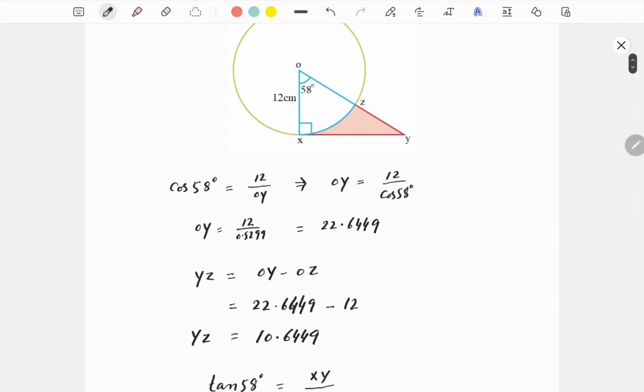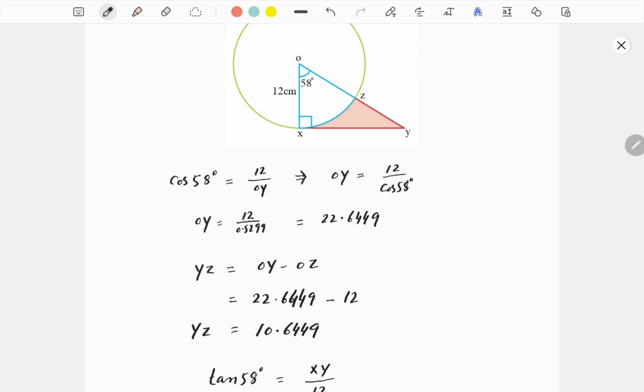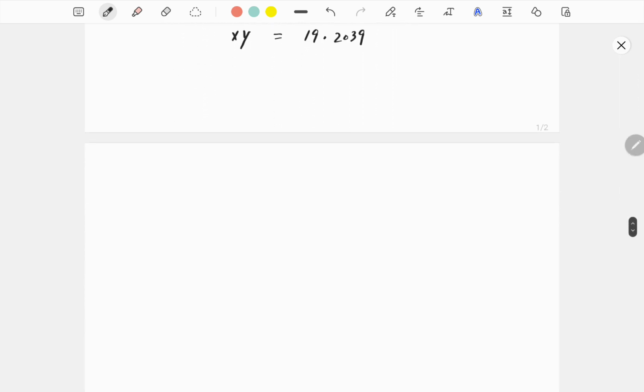If we have an angle of x degrees and the radius is r, then the length of the arc is equal to x degrees divided by 360 times 2 pi r.